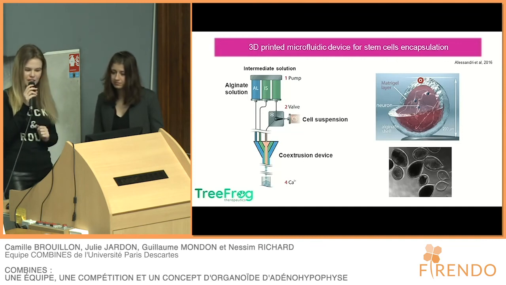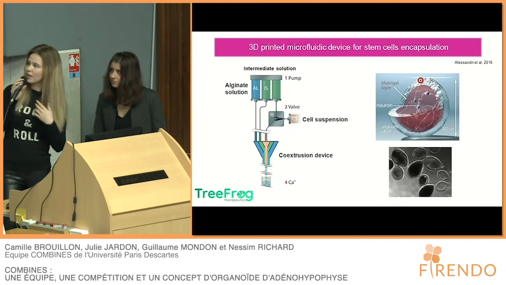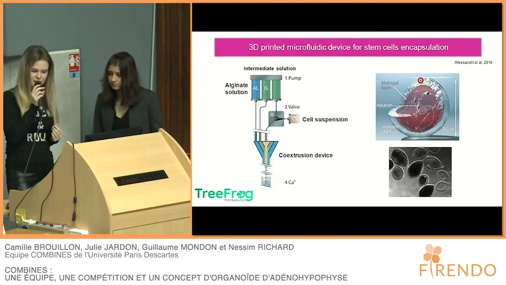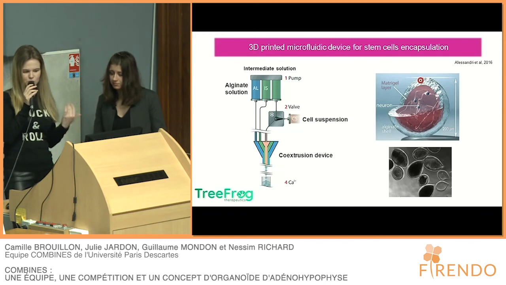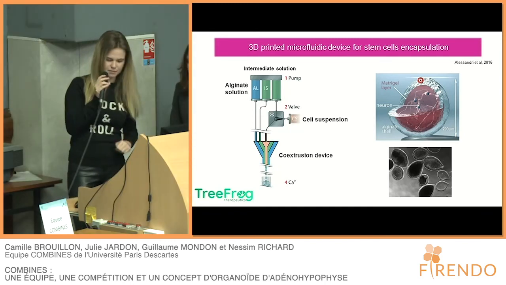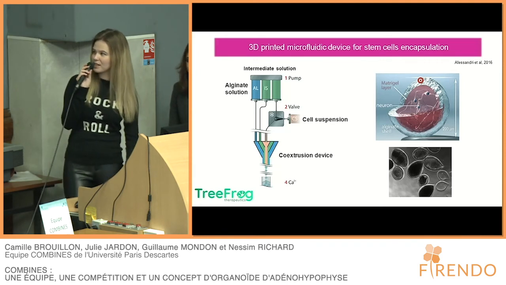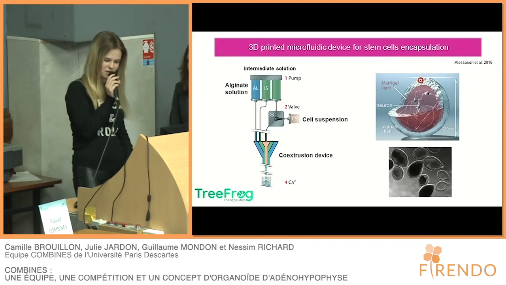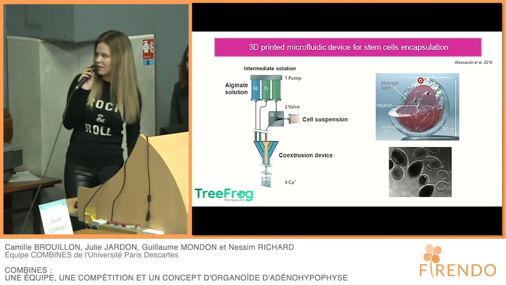And this shell allows the stem cells to aggregate, to grow, and finally to differentiate, and allows the flow of nutrients through the alginate. So you can see below some images obtained with Imagine Institute of aggregates of adenohypophyses in shells.